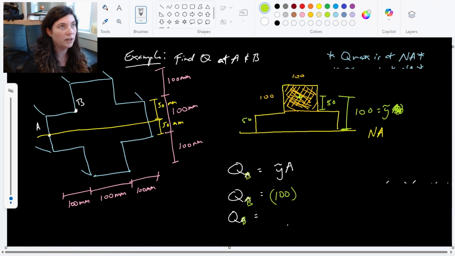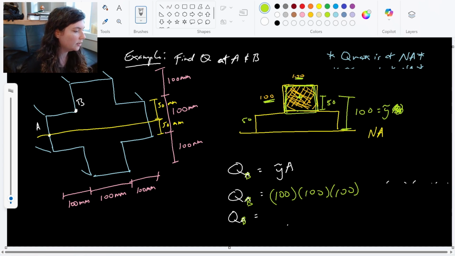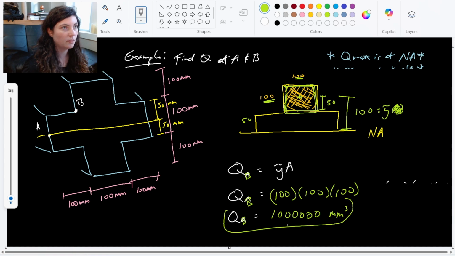So it's the 100 by 100 square, the area above point B. And when I punch that into my calculator, I get a very nice 1 million millimeters cubed. So that's how we go about calculating Q.